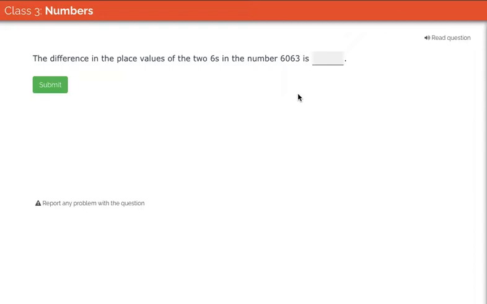There are 2 digits of 6, but they don't have the same place value: 6000 and 60. So we have to find the difference. That means subtract them both.